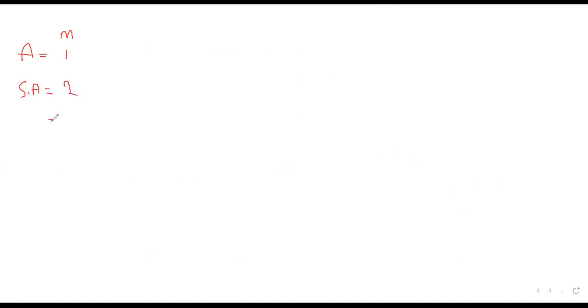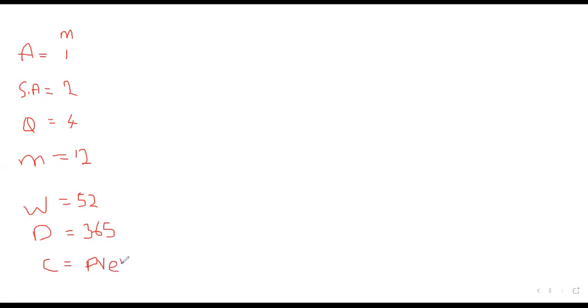Twice. 4 times is quarterly. 12 times is monthly. 52 times is weekly. 365 times is daily. Continuously, we use what we call present value times e to the power RT, meaning it is on a continuous basis.